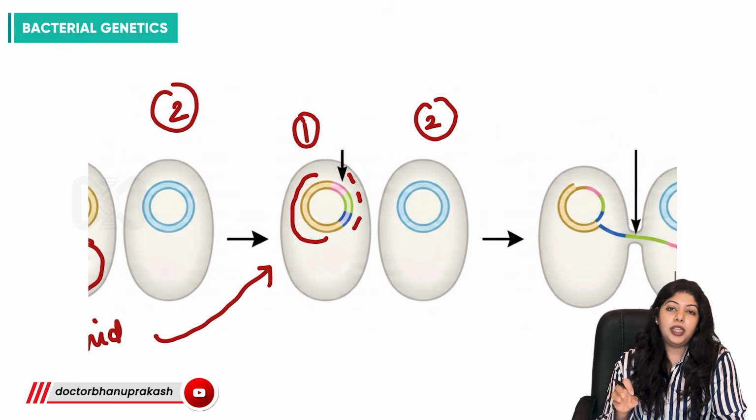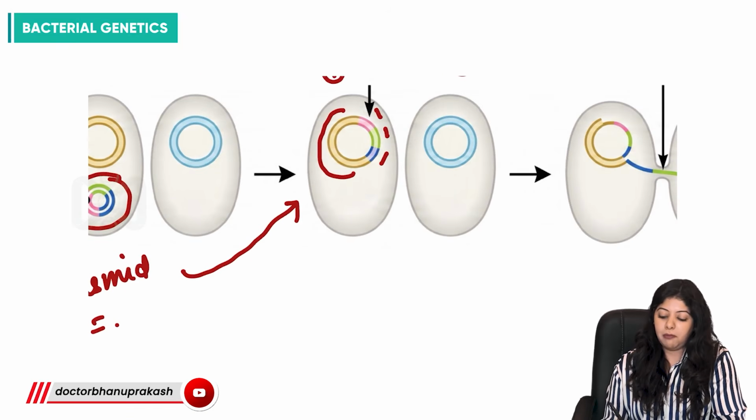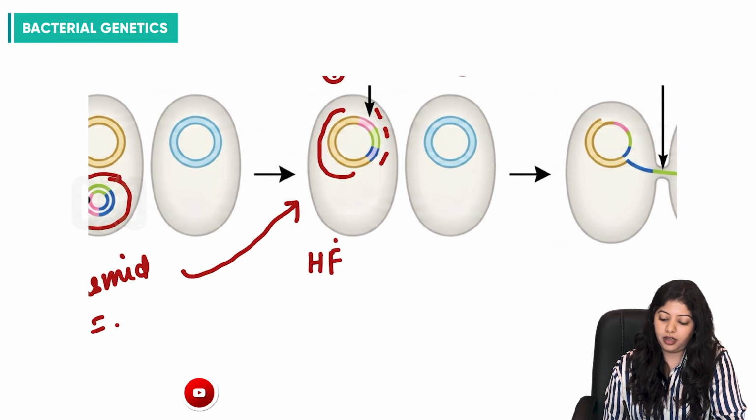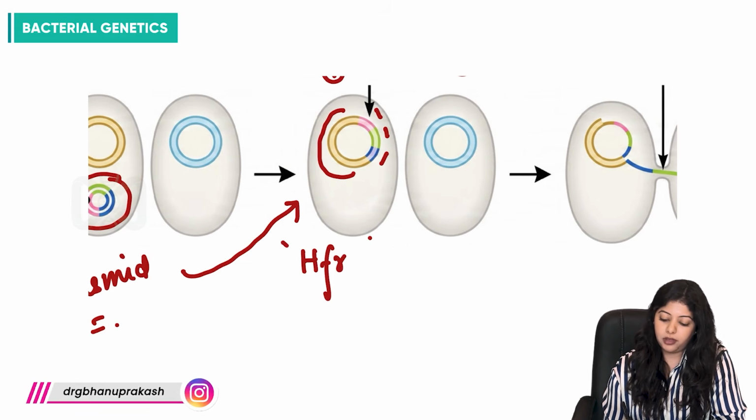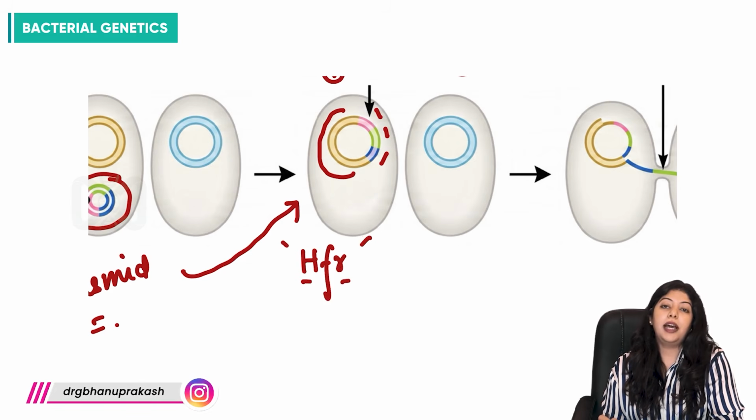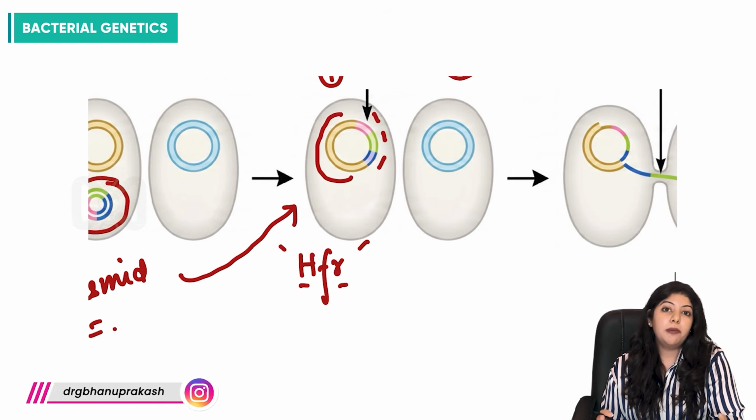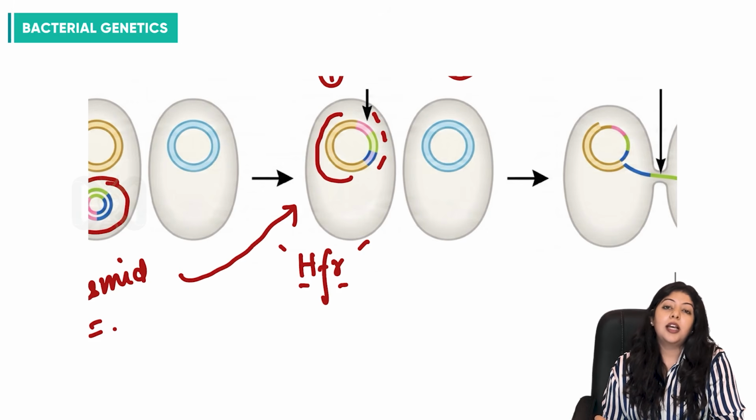So now, because of this integration, this particular cell becomes the HFR cell. Why HFR cell? Because now it has more ability to transfer genetic material from one cell to another, which is referred to as high frequency of recombination, right?